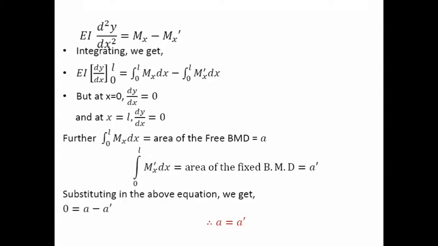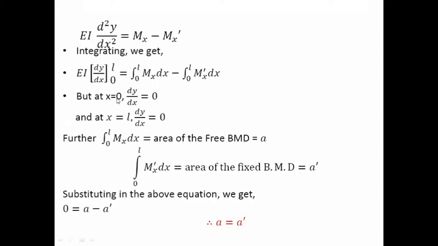EI dy by dx is equal to the integration from 0 to L. Why 0 to L? Because the length of the beam is L. The origin is at A, so distance x ranges from 0 to L. So Mx dx minus Mx dash dx, both are in the integration sign.